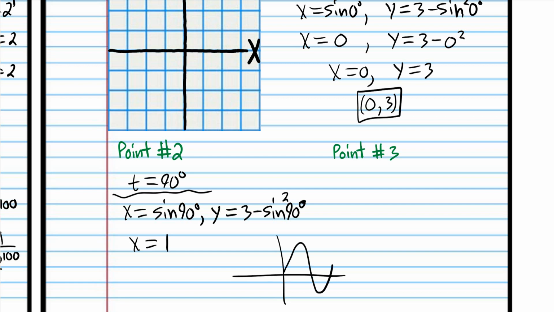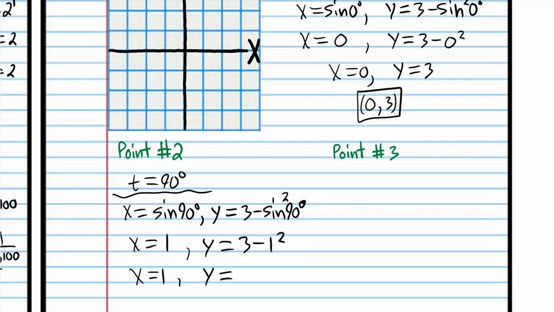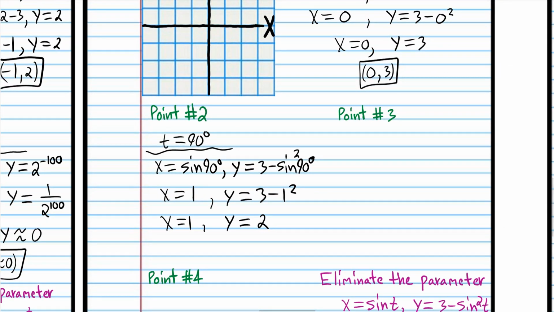Again, that corresponds to this part here. That's 90 degrees there. That's 1. And so we have 3 minus 1 squared. X is 1 and y is 2.